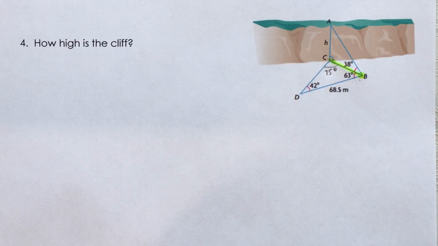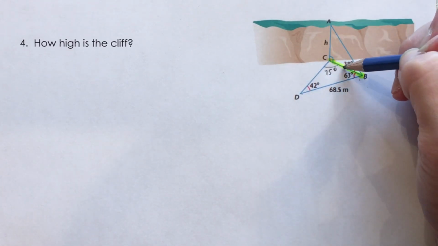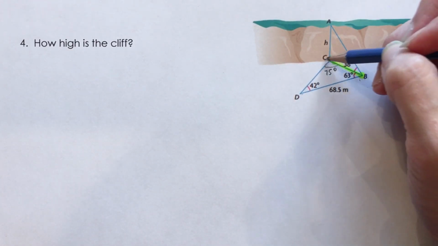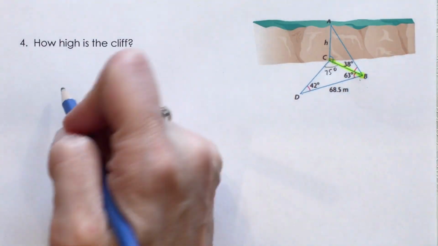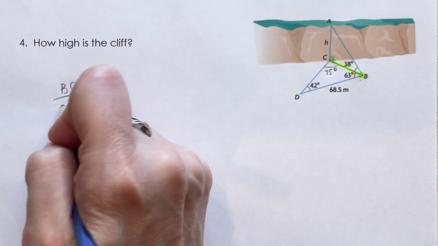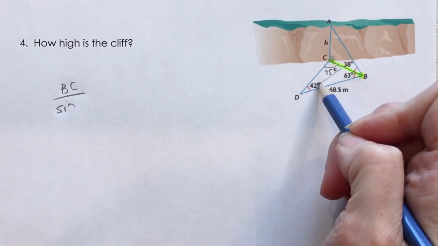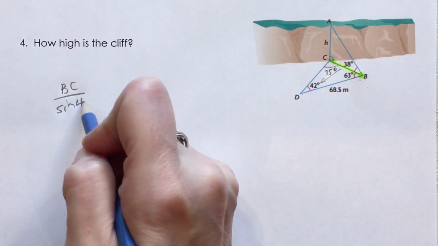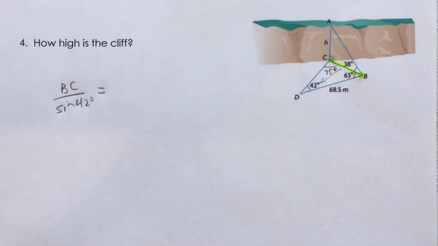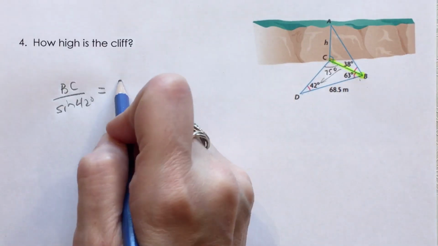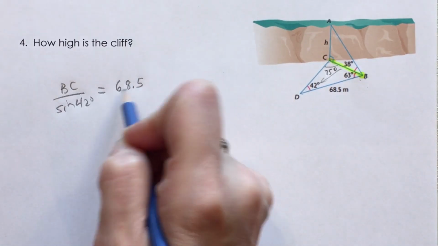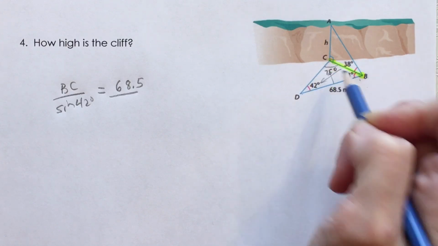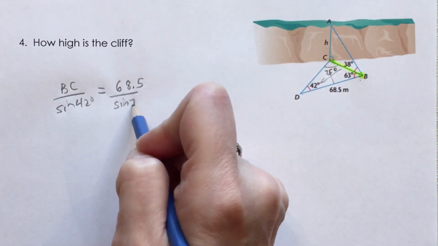So if that's the side we want to find, we want to start with the side on top. So it could be called side BC, over the sine of its opposite angle, which is 42 degrees, is equal to the side we know, 68.5 meters, over the sine of its opposite angle, which we just figured out was 75 degrees.